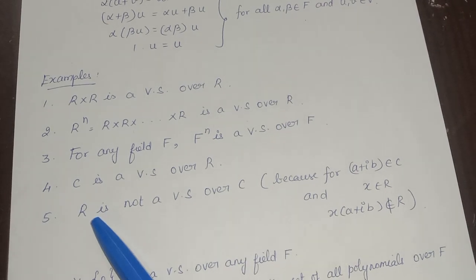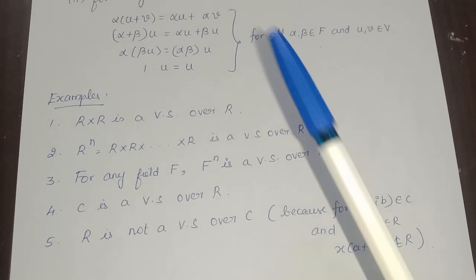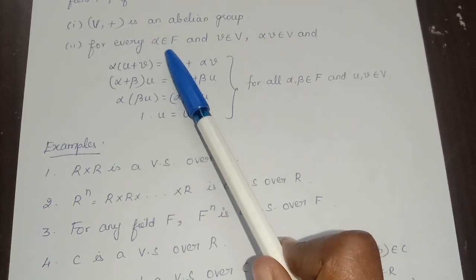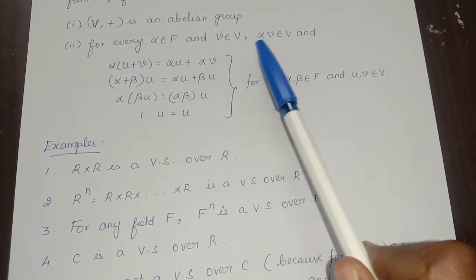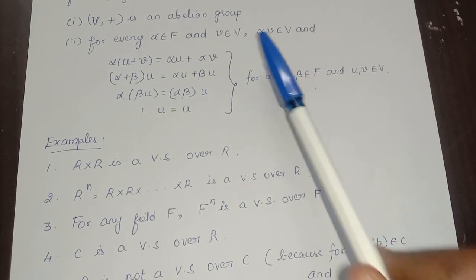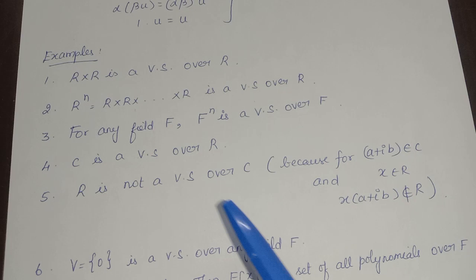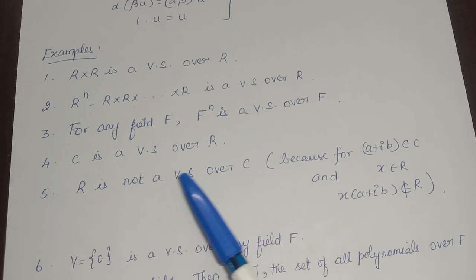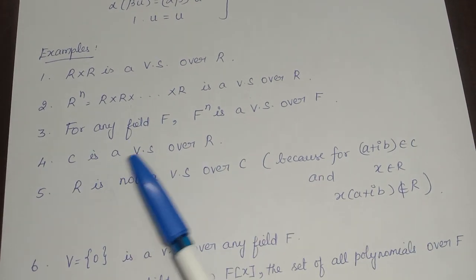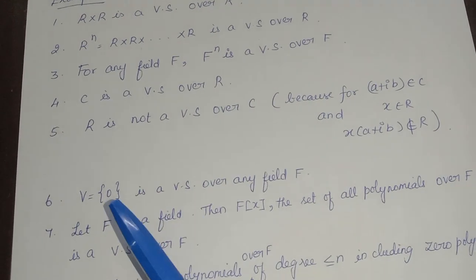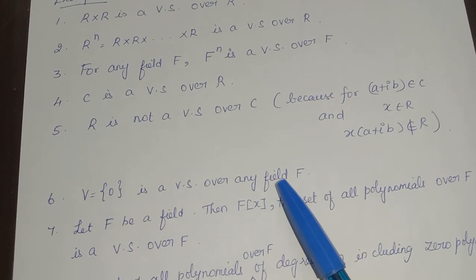That doesn't belong to R. That is, this condition is not satisfied. What is this condition? For every alpha belonging to F and v belonging to V, alpha v belongs to V. This condition is not satisfied when we take R over C. So R is not a vector space over C, whereas C is a vector space over R. Then the singleton set 0 is a vector space over any field.